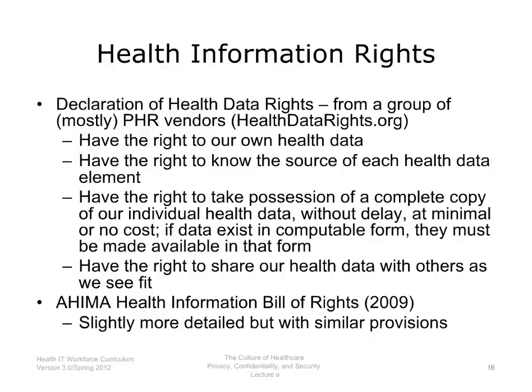In addition, individuals should have the right to take possession of a complete copy of their individual health data without delay, at minimal or no cost. If data exists in computable form, it must be made available in that form. Finally, individuals should have the right to share their health data with others as they see fit. The American Health Information Management Association, AHIMA, also has a Health Information Bill of Rights that is slightly more detailed but has similar provisions.